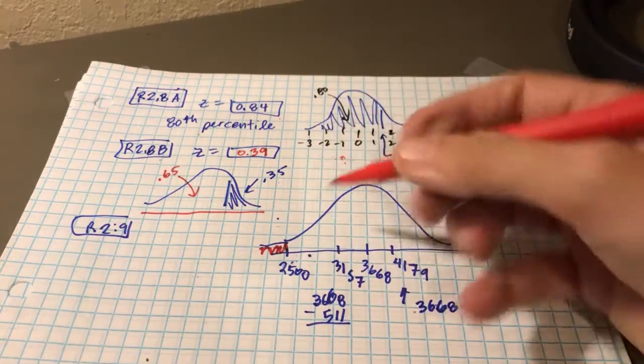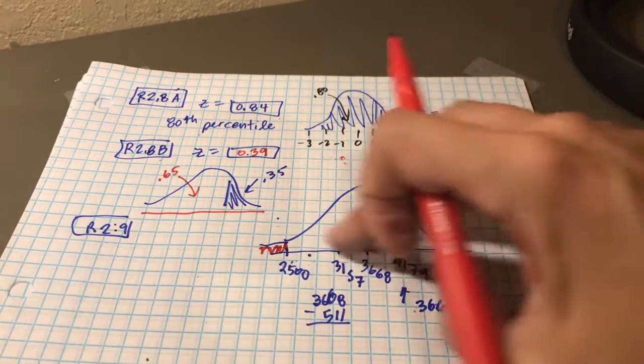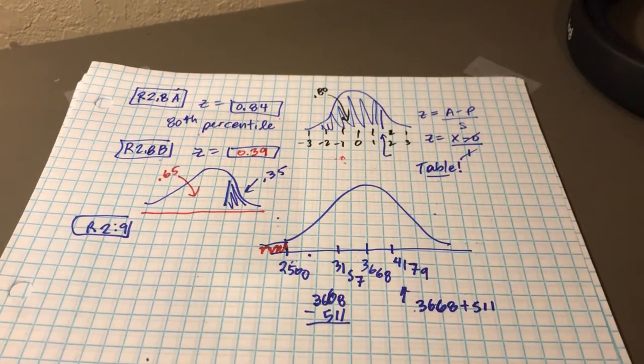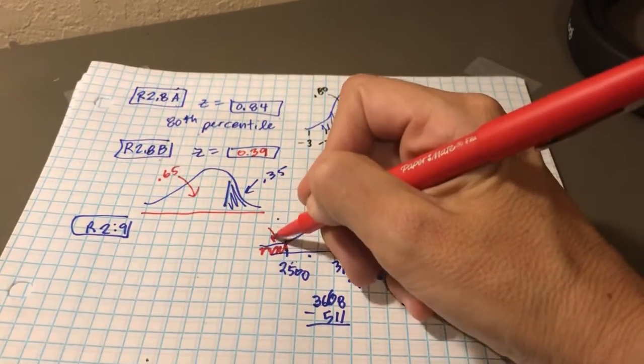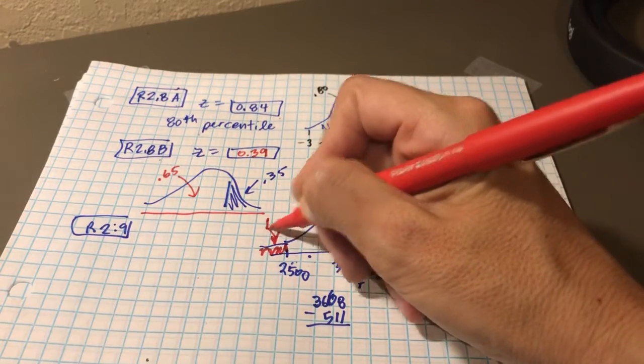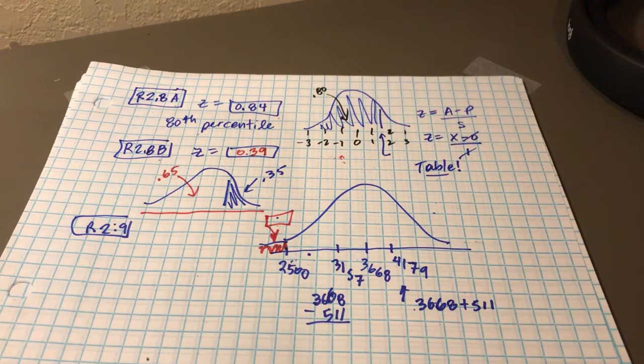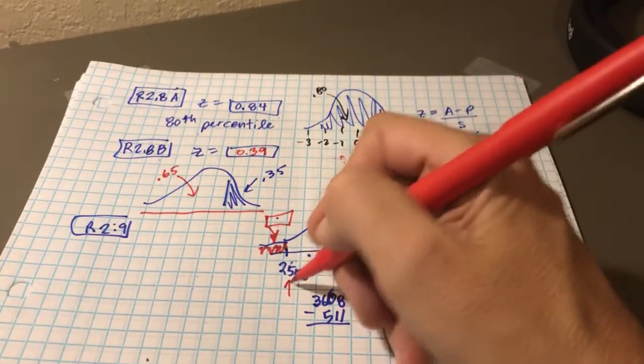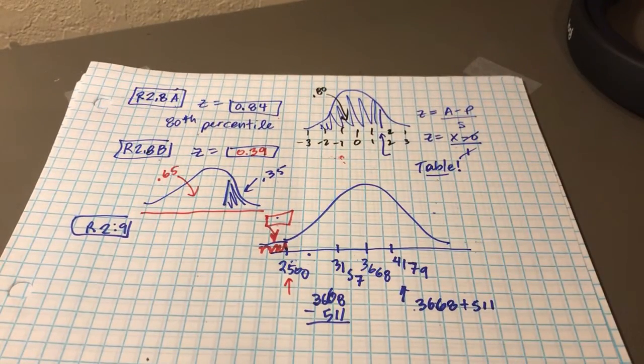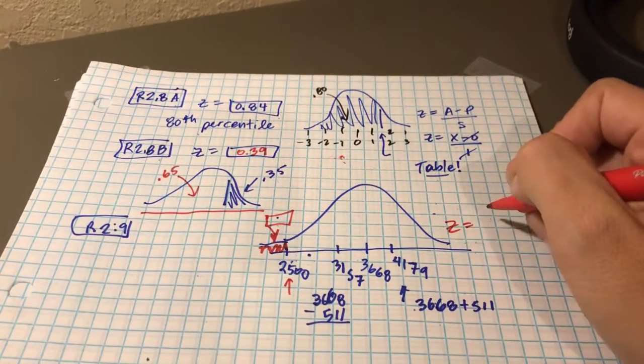So most babies are not. So everybody else up here is not considered a low birth weight. So they've asked what percent are low birth weight. So what they're really asking is, what is this area under the curve? They don't know it. They want us to find out. But we can find that location, correct? using our Z formula.